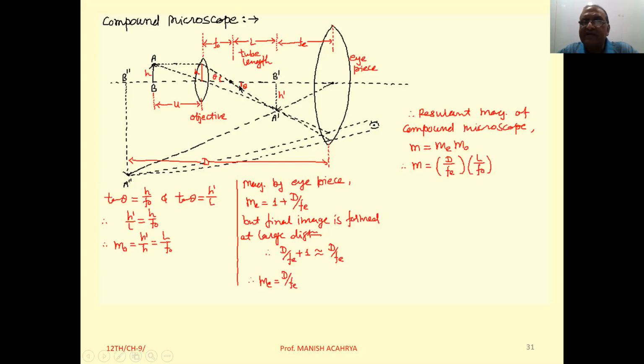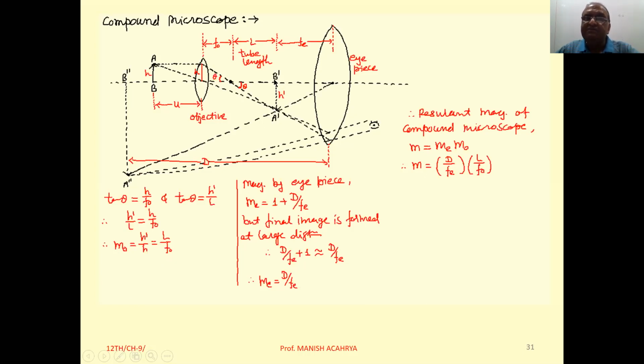So we can write again tan theta is h dash upon this adjacent L. Compare these two. So h dash by L is equal to h by FO. So h dash by h is L by FO, but as per definition h dash by h is magnification. So we can write the magnification by the objective lens is L upon FO.